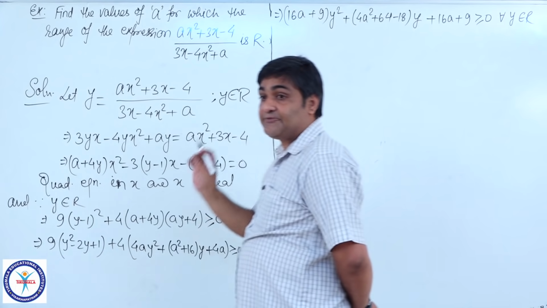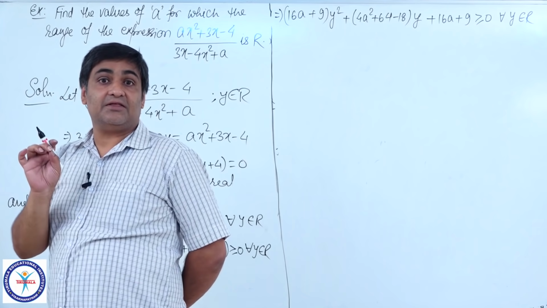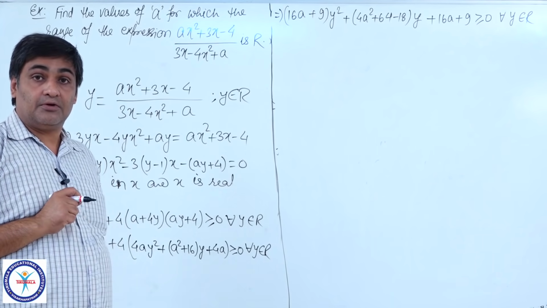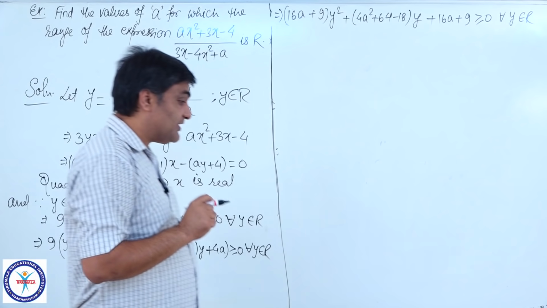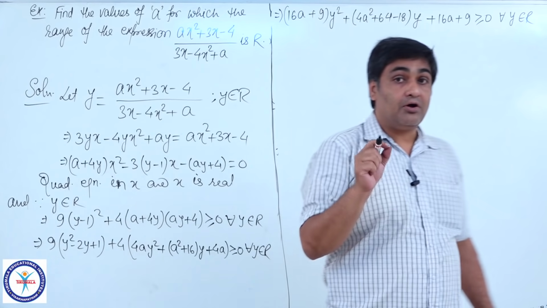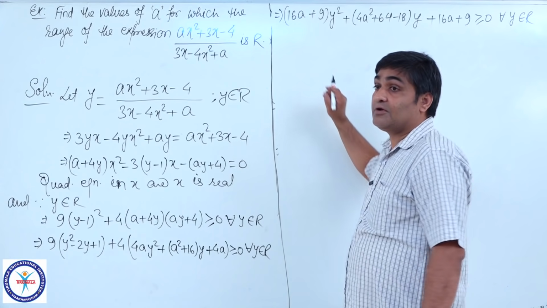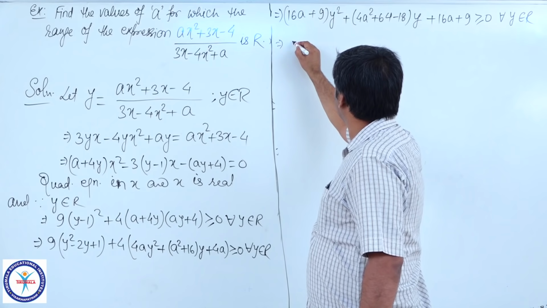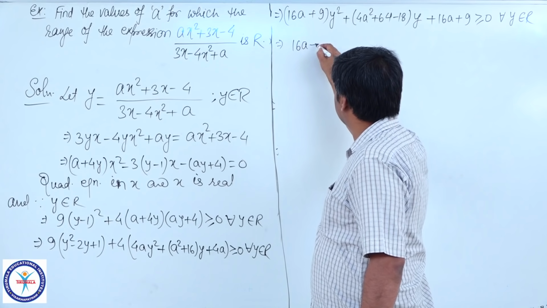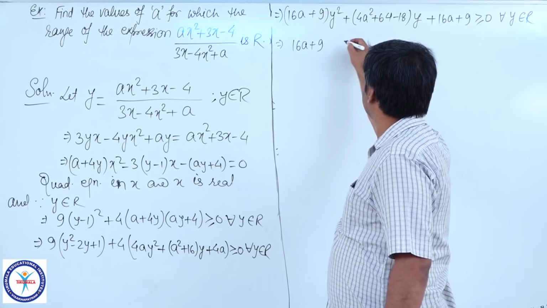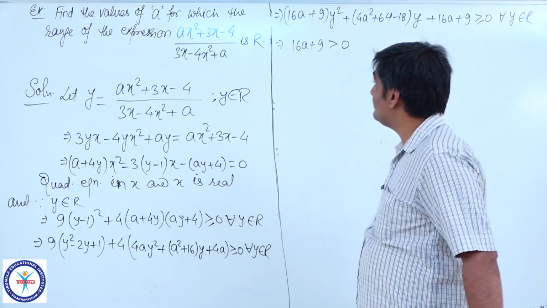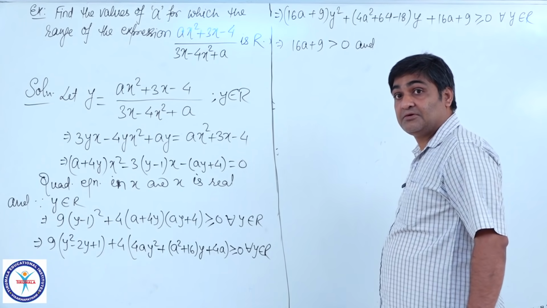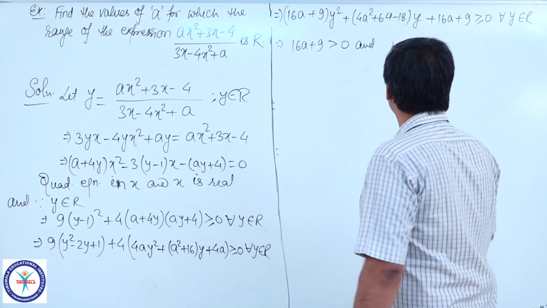A quadratic expression is always greater than or equal to 0 when the coefficient of y square is positive, meaning 16a plus 9 should be greater than 0, and discriminant should be less than or equal to 0.